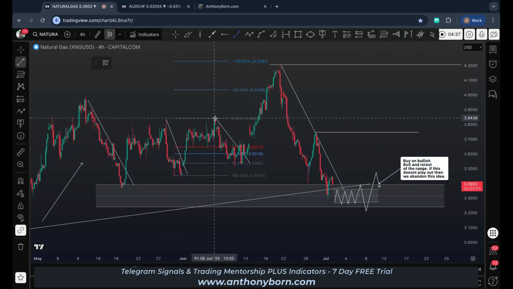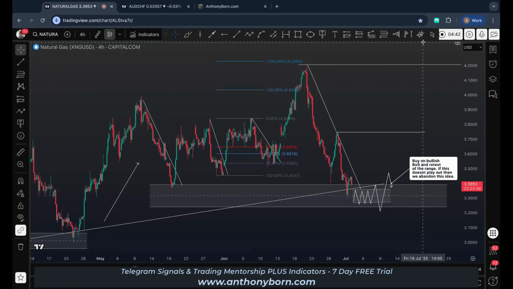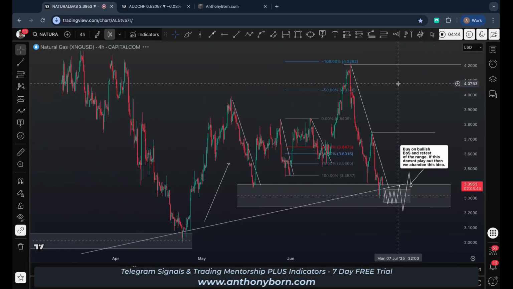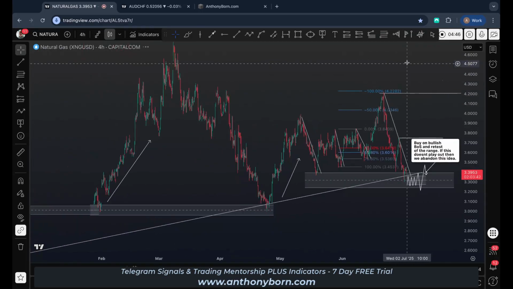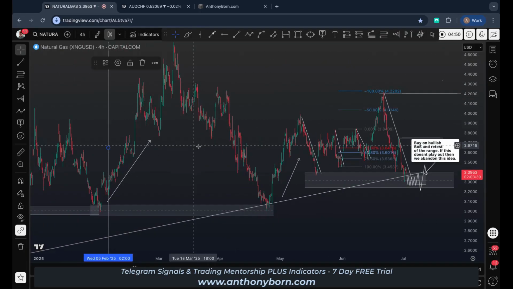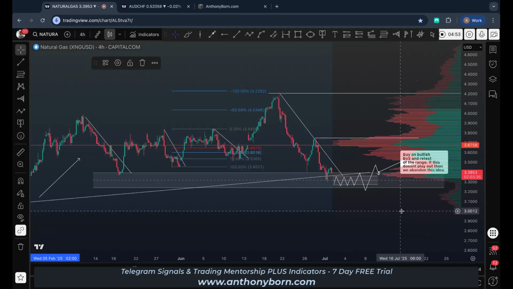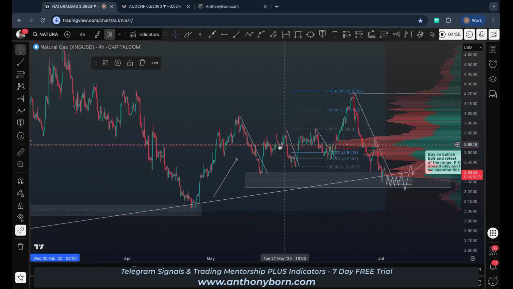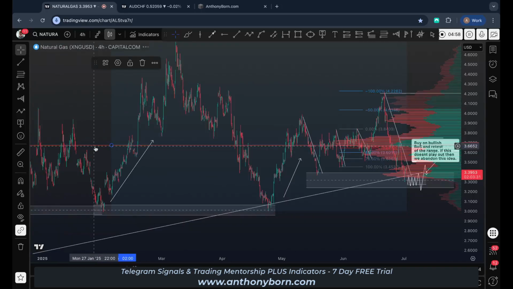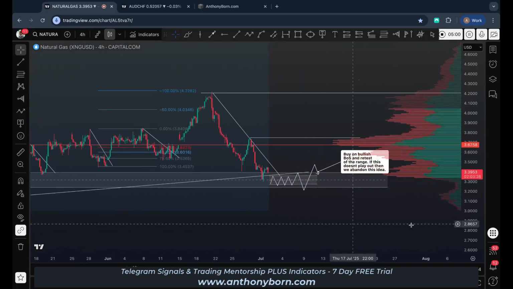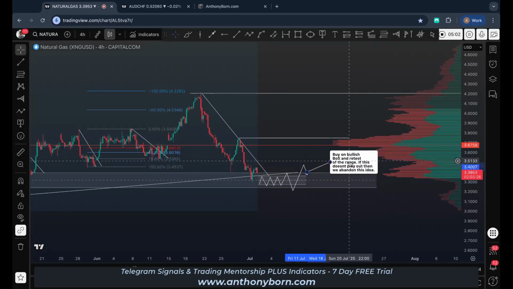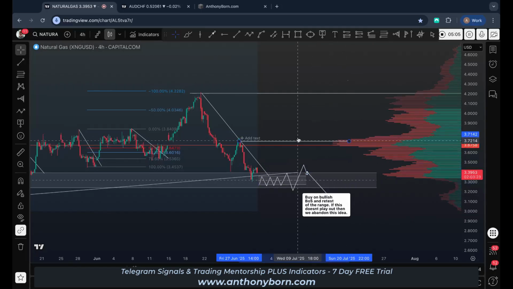You could look left over here. In fact, one of the indicators that I do like to use is the anchored volume profile. Just throw it in back here. You've got this point of control through here. That's quite a big level, and you want to see it break above that, but that would be target number 1, just below this level here.